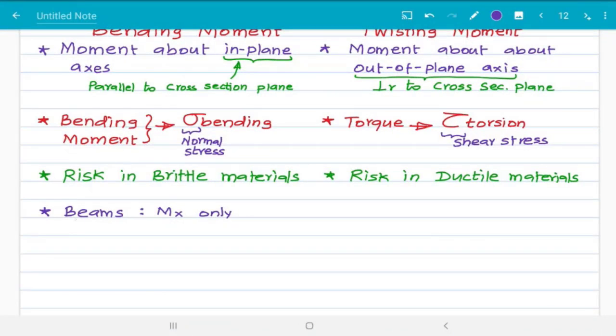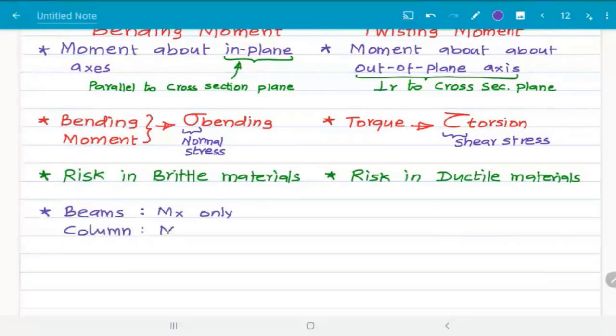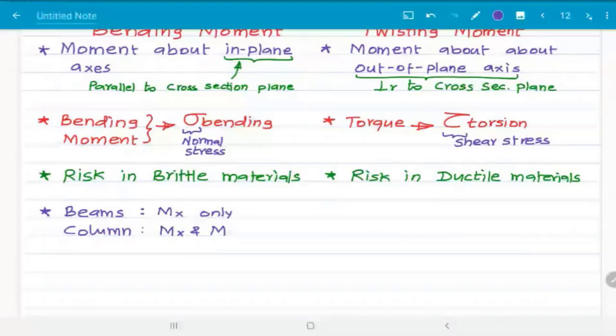In case of columns, Mx and My both are possible.